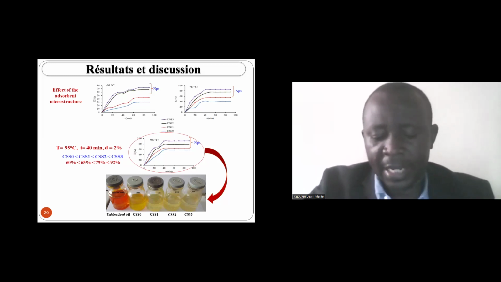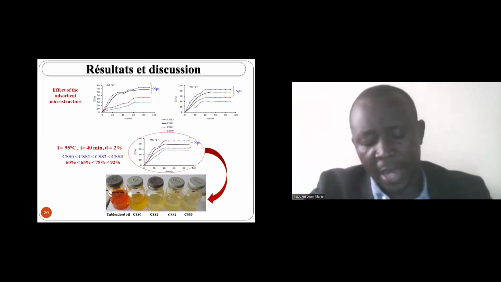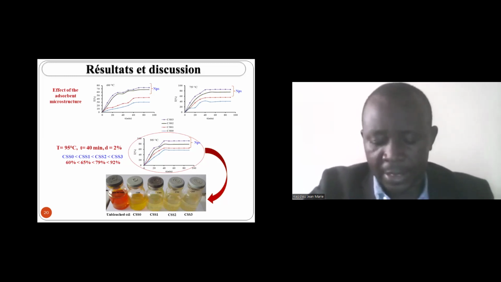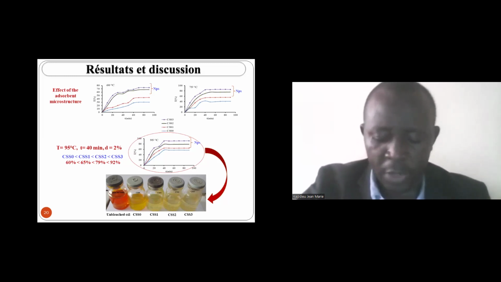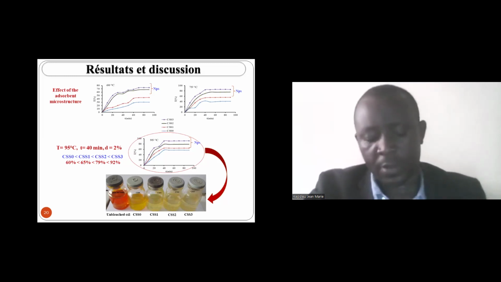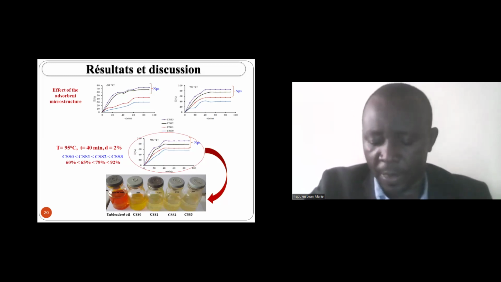The decrease of the bleaching capacity continues with CSS1, which is a mixture of crystalline layer phyllosilicate and amorphous silica microparticles. This suggests different types of interaction between the beta-carotene and the various adsorbent particles.